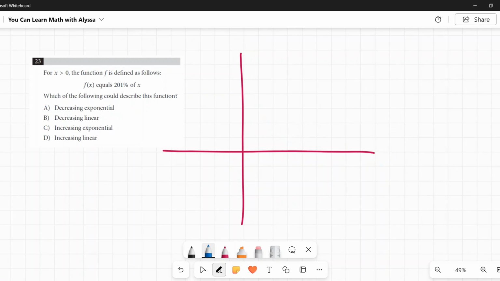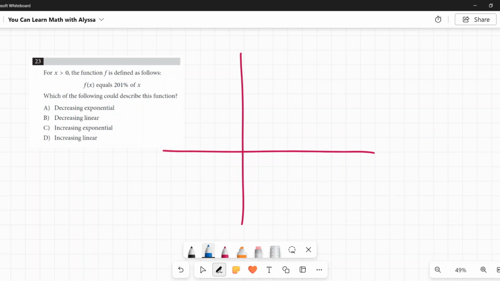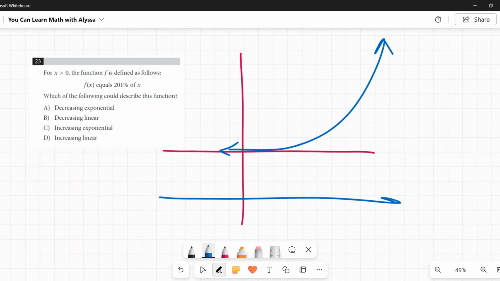Decreasing linear is a straight line that has a negative slope. That is, it's going down when we're going left to right. Increasing exponential is going to be one that's going up as we go left to right. All of these decreasing, increasing are based on, like in English, how we read from left to right.